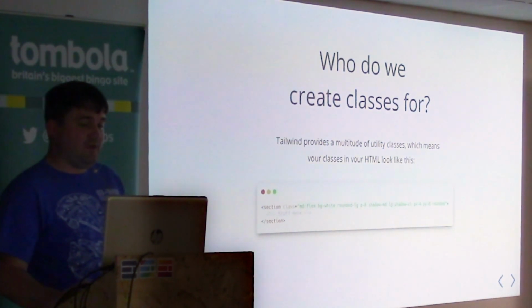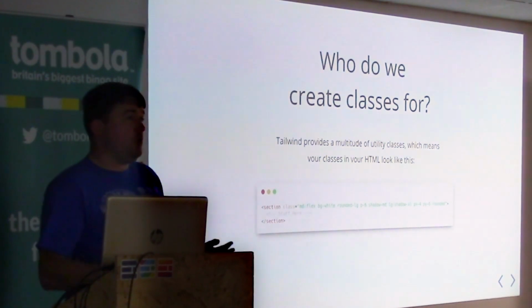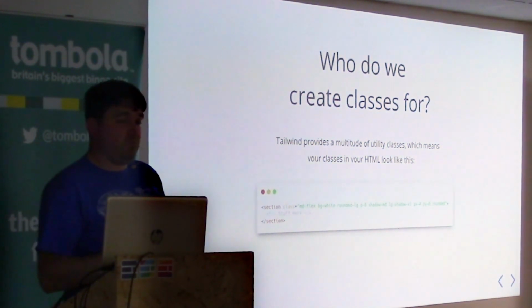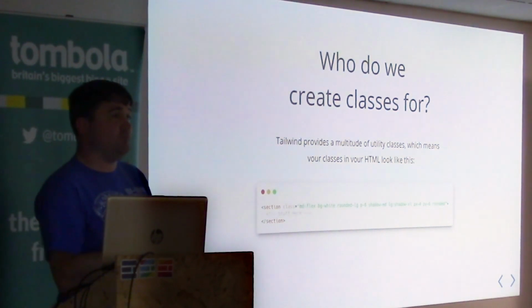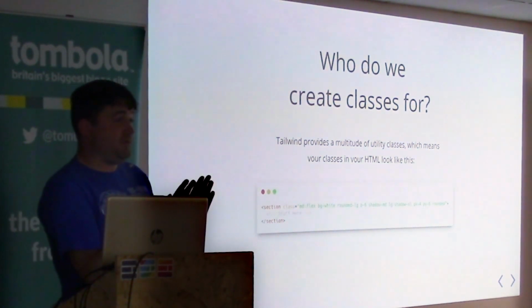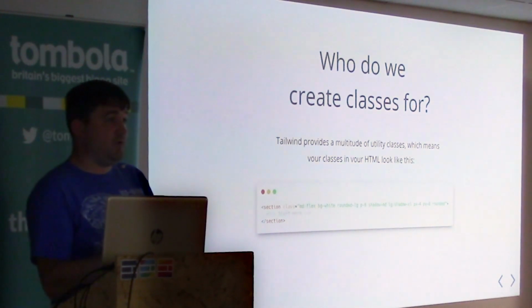So the question I have to ask is, who do we create classes for when we're creating classes to utilize our CSS? Because in my opinion, we're creating classes for us to read, so that we know what the actual CSS is doing, so we know what that element is going to look like on the page.